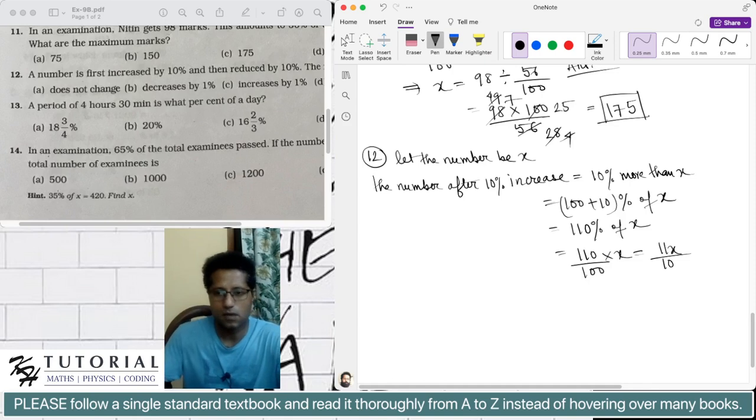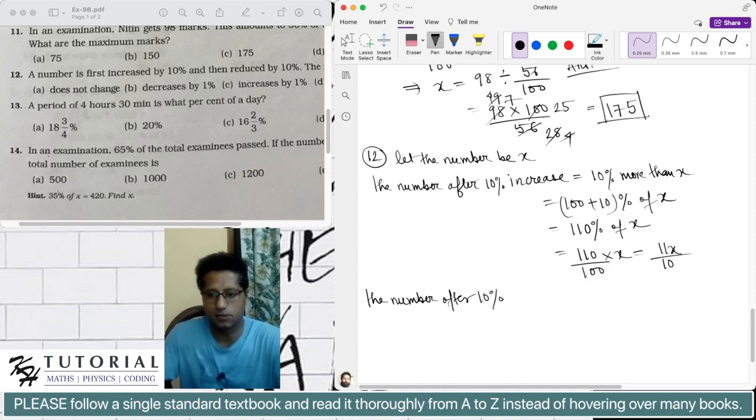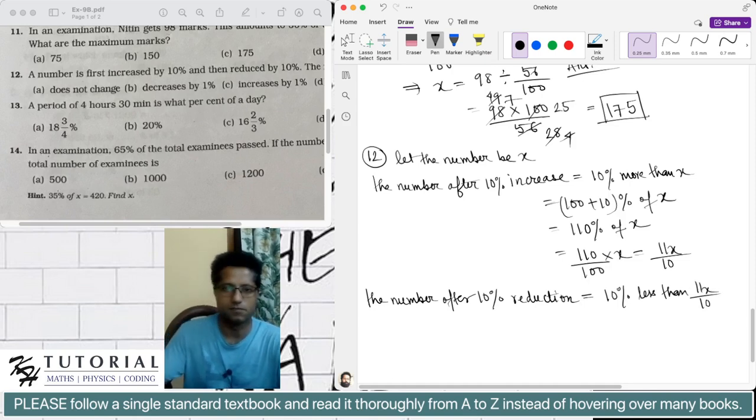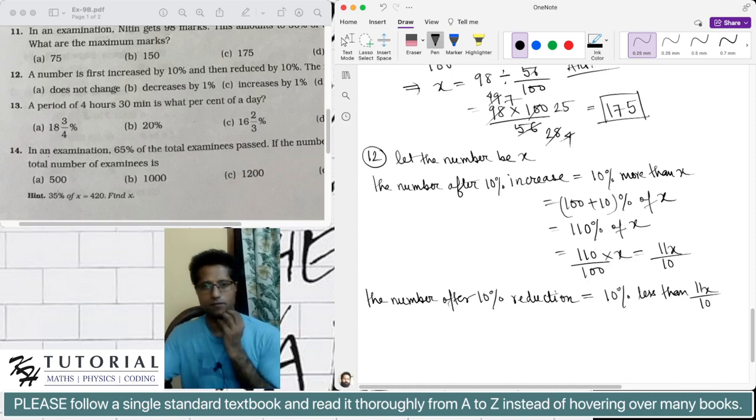So the number after 10% reduction will be 10% less than not X but 11X by 10. The reduction is based on the number which was obtained after 10% increase. So the reduction will be based on 11X by 10.